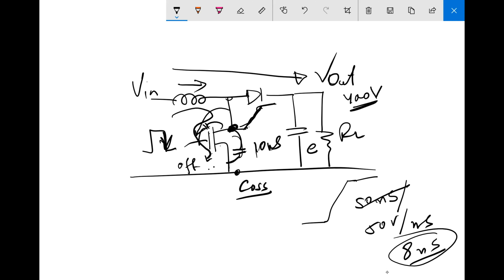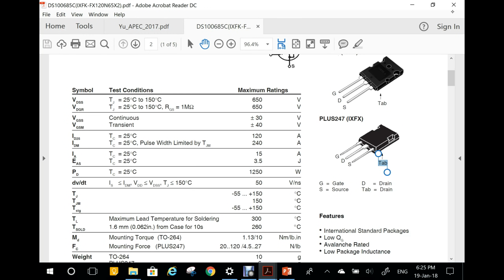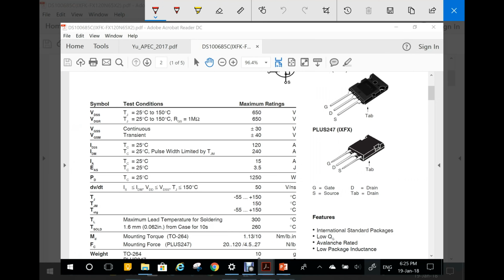And due to this capacitance, if you have a current going into a capacitor, there is a limit to the rise of the voltage. So you will normally not exceed this thing. So this is a warning. This is really a sort of a nice warning, but normally you don't worry about it.